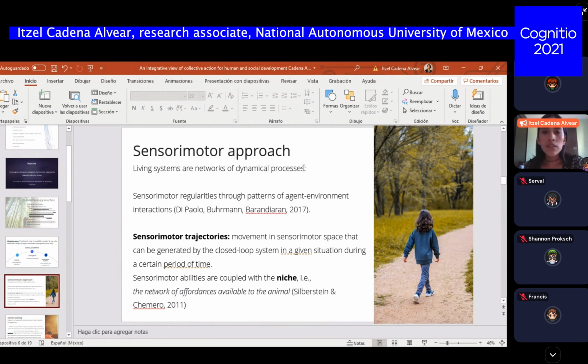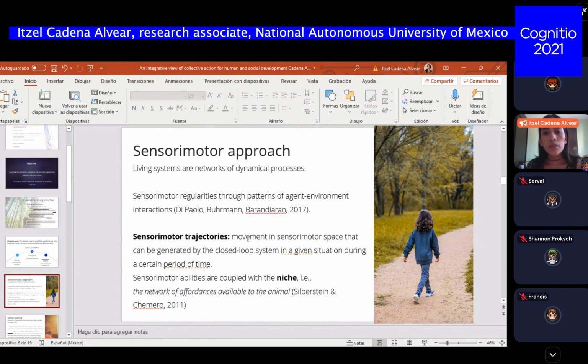So dynamical processes also involve the sensorimotor regularities, which can also be named sensorimotor contingencies or sensorimotor coordinations that happen through patterns of agent-environment interactions, bodily coordinations also, and also the coordinations between the environmental processes and the agent.